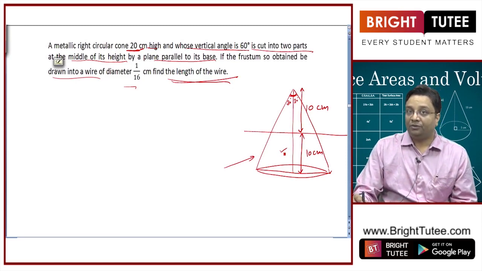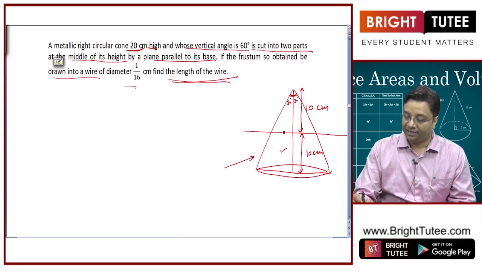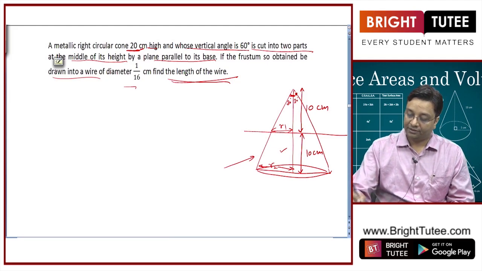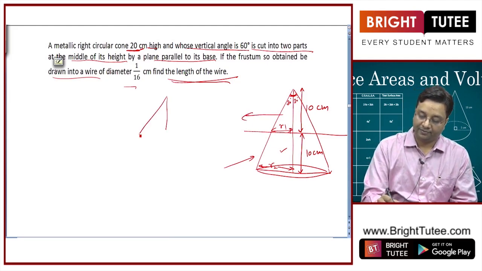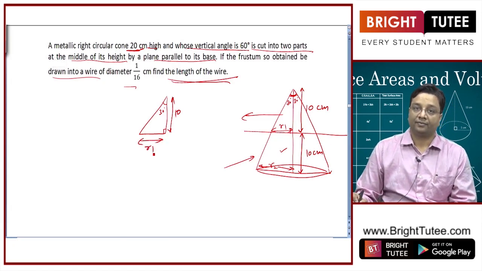To calculate the volume of this frustum of this cone, I need this radius, let us name it as R1, and this radius here, this is R2. Okay, and if you look at this triangle here, this is a right angle triangle, this angle is 30, this height is 10, right, and this is R1, right.